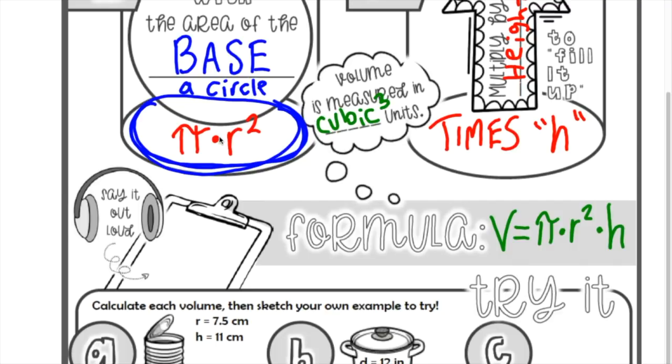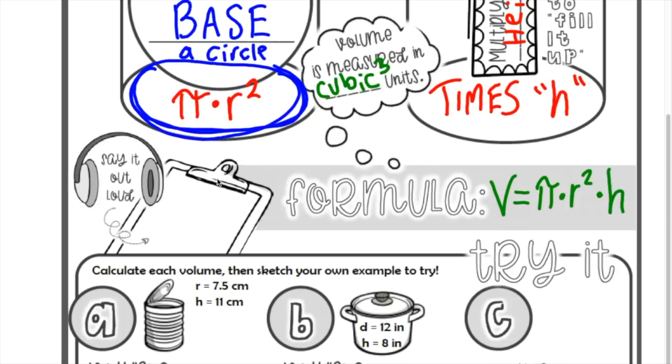So the radius is that distance from the center to the outside of the circle. Square that number, and then you're multiplying by your height of your cylinder. Over here, we just need to say, what does this mean if you were to say it in a sentence? So the sentence that we're going to write is, the volume of a cylinder is equal to pi times the square of the radius times the height.